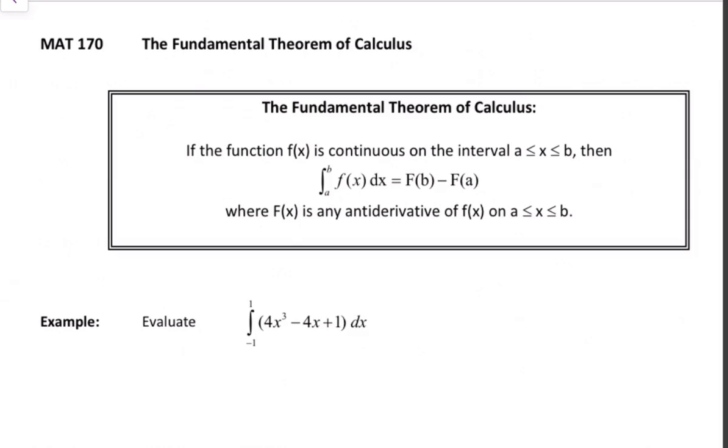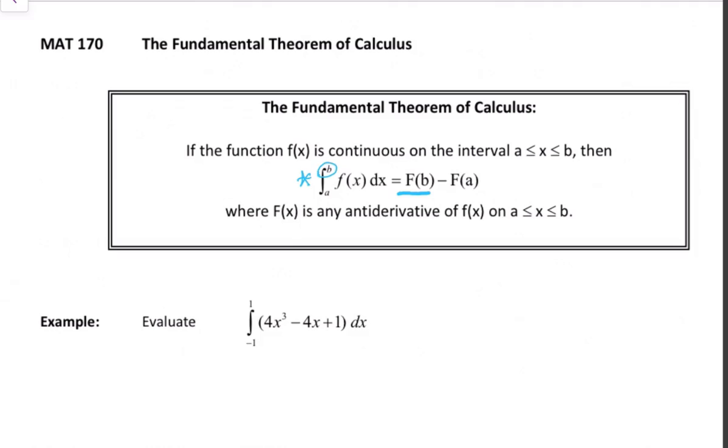Now, what this theorem basically says is that I can evaluate a definite integral. So I'm going to integrate on the interval from a to b, and then evaluate that by replacing in my antiderivative everywhere I see a variable. I'm going to replace it with my upper limit of integration, so this value here.